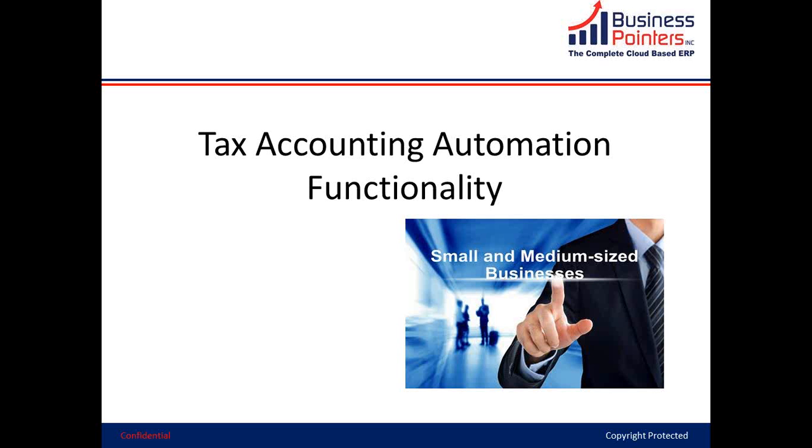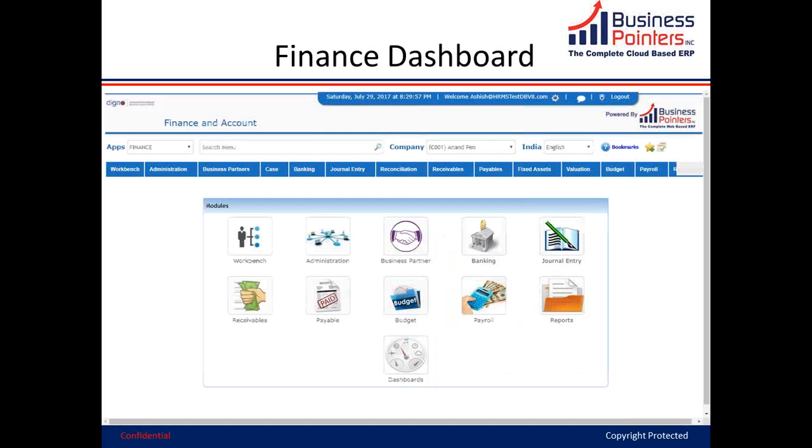So the system contains both functionalities. It could go with the vendor for the purchase purpose, and with the customer for the sales purpose, and the invoicing will go as per the items. We have both facilities.